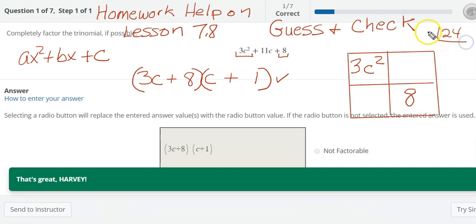And then we divide this into its prime factorizations. And we're now looking for factors that would add up to 11.